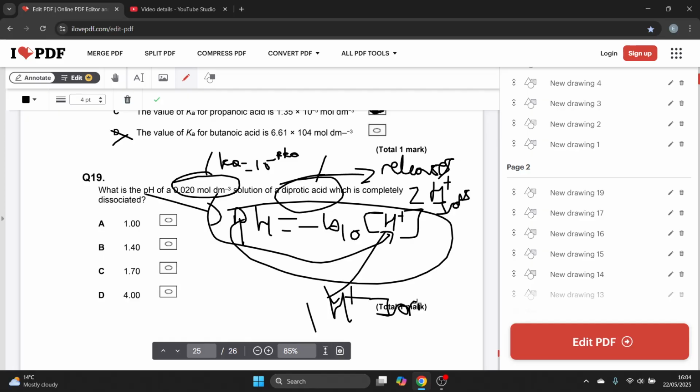Actually, no, I am going to do that. Because diprotic acid, which is completely dissociated, so releases 2H plus ions. Therefore, I'm going to times it by 2. My bad, guys. So then, yeah, you times it by 2, and then you get 1.40.